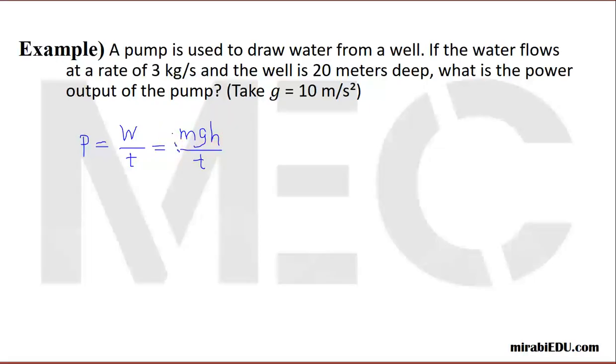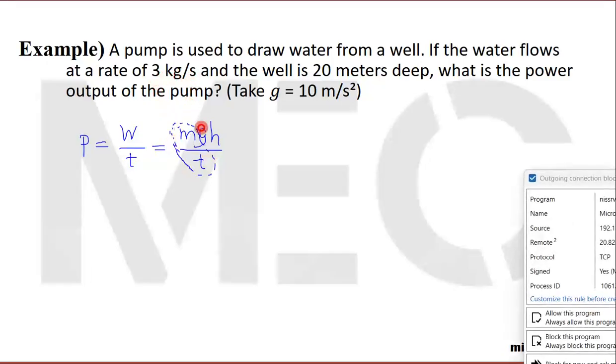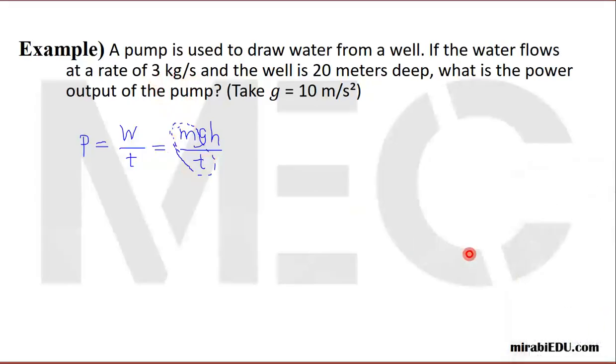Now, m over t is given to us, which is 3 kilogram per second. This is the flow rate of the pump. So instead of m over t, I replace 3. Instead of g, I replace 10, and height is given to be 20 meters. So multiplying these, I'll get 600.